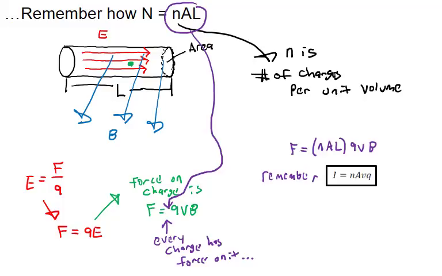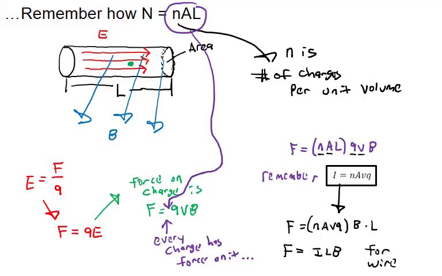And so remember how we derived current in that unit, where n was the number of charges per unit volume, A was the area, v was the velocity, and then q is whatever charge, and we're using the elementary charge for these going through the wire. We could place these in here. And so what we end up getting, again, is ILB for that particular wire.